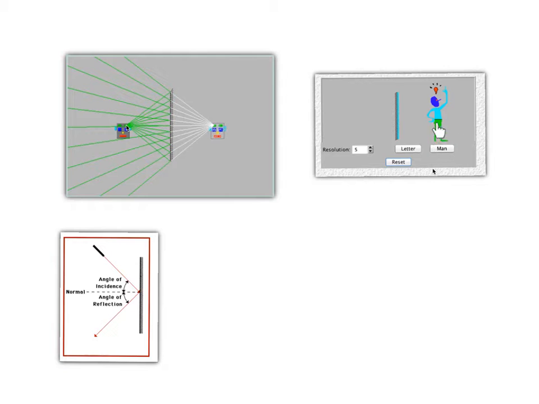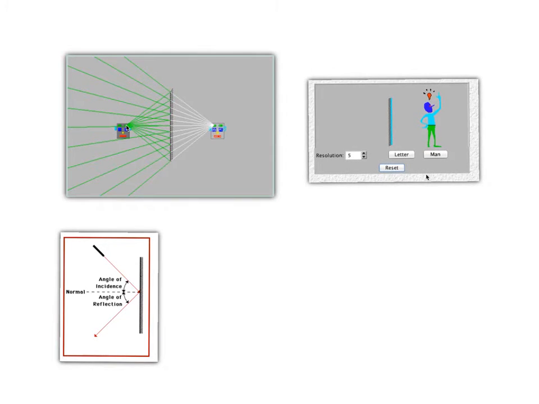We can see the same situation in this animation. Depending on what part of the man I click on, I can see different images in the mirror. How does that image form? We can see the angle of reflection is obeyed. If you trace the virtual rays back, they meet at a point behind the mirror.